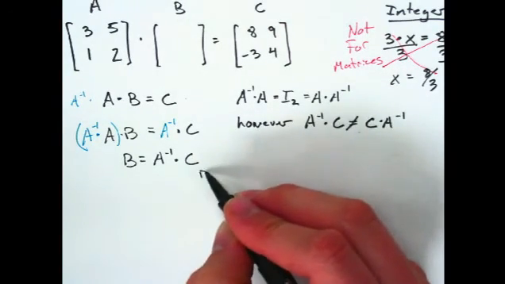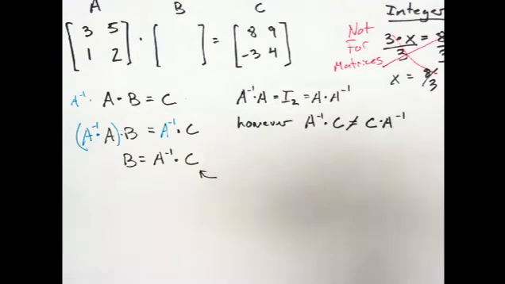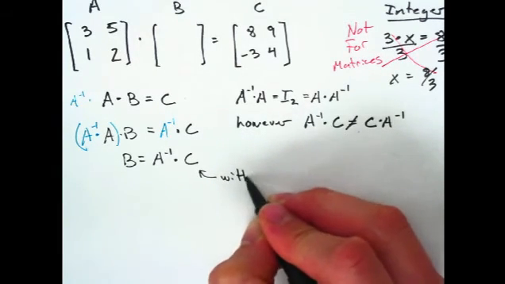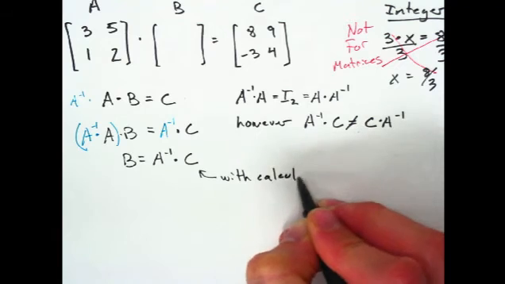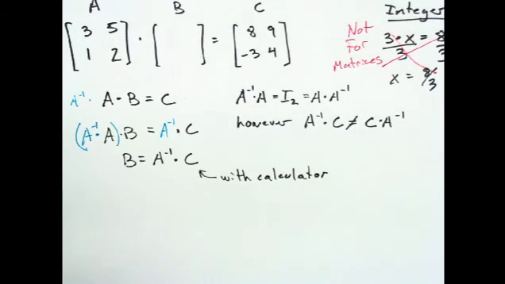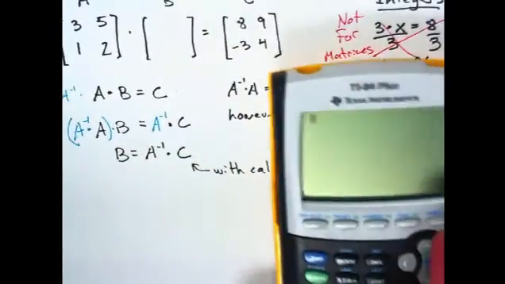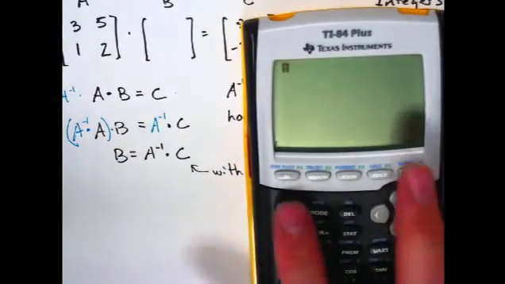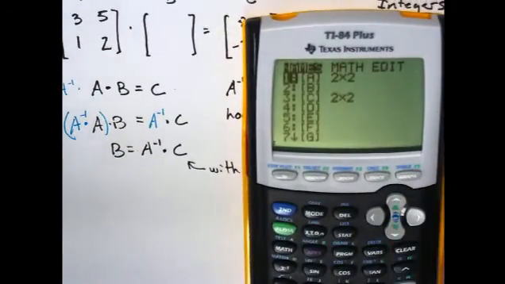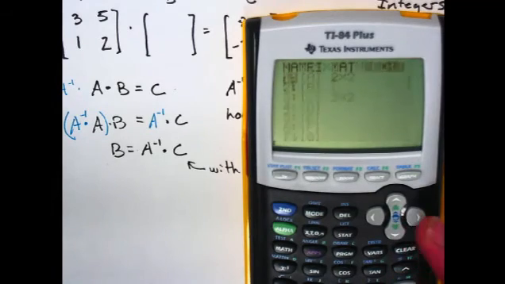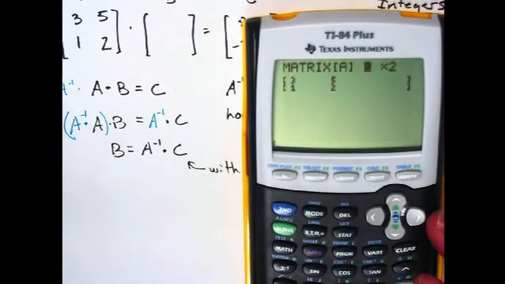Of course, we talked in the previous video about how to find your inverse with the calculator, so we're going to do that now. I have matrix A already entered in my calculator, and as we take a look, that is your 3, 5, 1, 2.